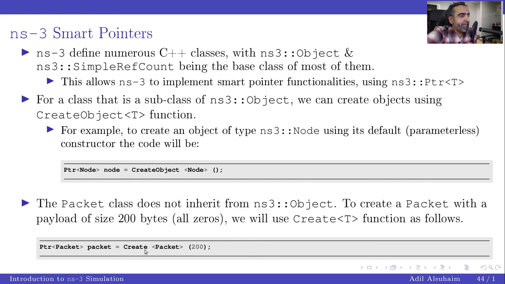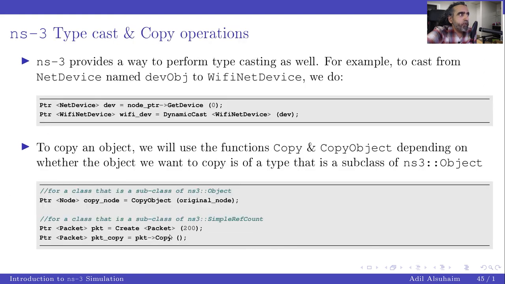With a packet, I just create one, and this is the constructor that takes only one integer within the class Packet: 200 bytes of payload, all zeros. When you do a typecast, let's say we have a node pointer, and I want to get the device at 0, I can do a dynamic cast of this type to this WifiNetDevice.